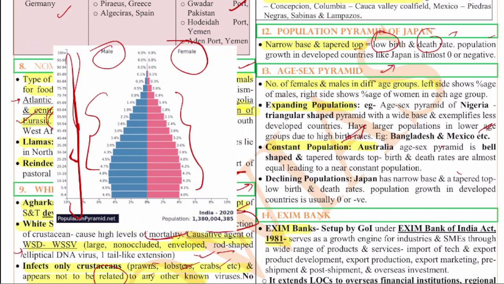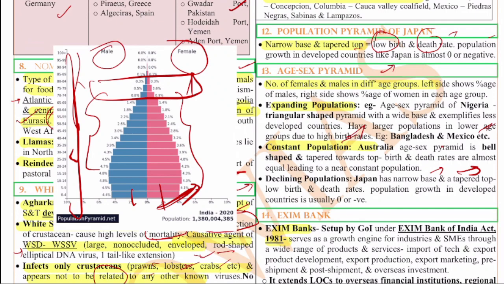The birth and death rates are almost equal, leading to constant population. That means a rectangular kind of shape will be there in the constant population, for example Australia. Whereas in declining population, it will have a narrow base and tapered top. The base will be narrow, whereas the top will be a little bit wide like this. So this shows that the newborns are very few, whereas the old age are more.